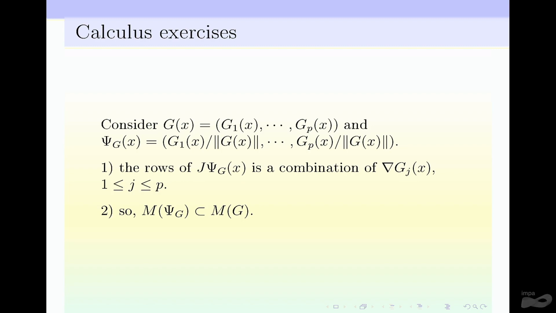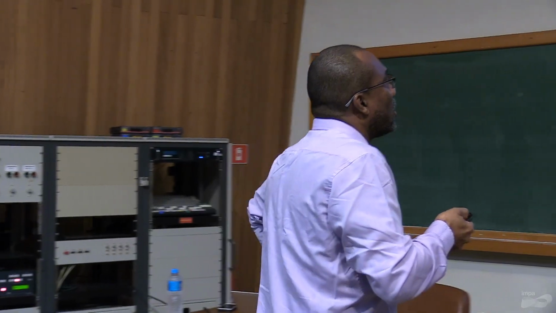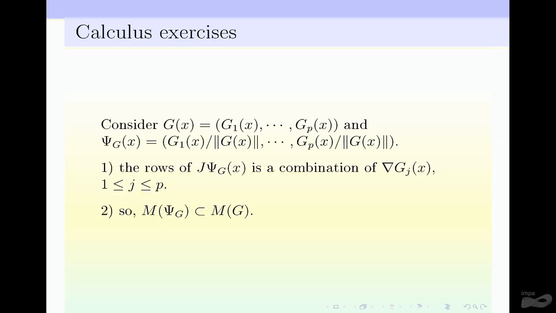The rows of the Jacobian of psi G are a combination of the gradients of G. You just take the derivatives; it's easy to check. So the gradient of Gj over the absolute value of G is a combination of the gradients of the coordinate functions, the Gj's.